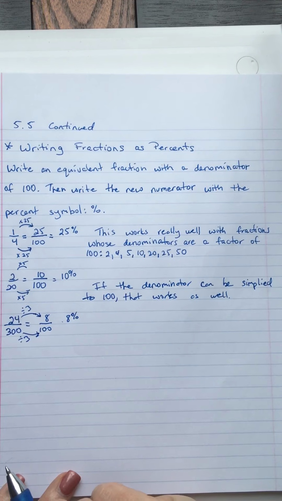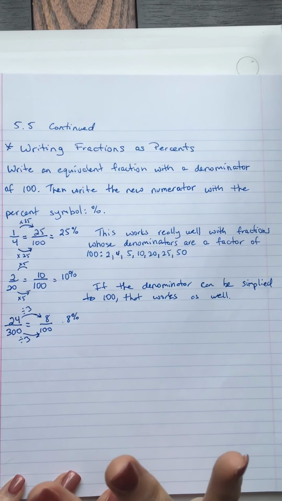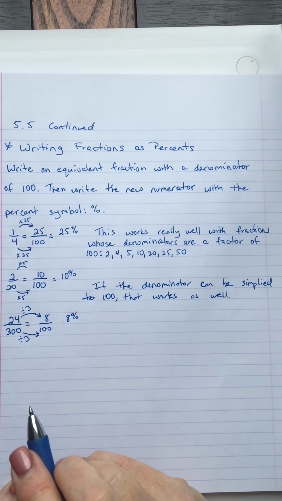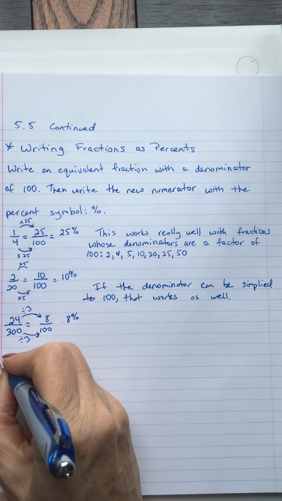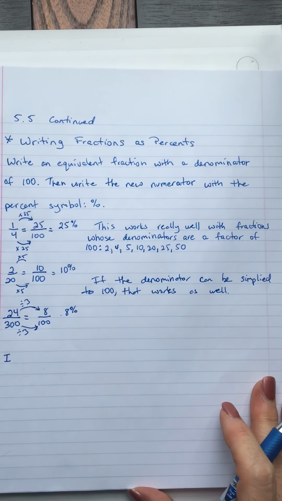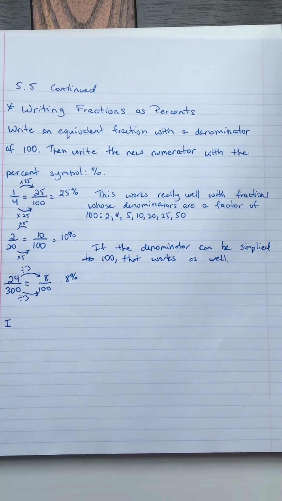Now, you may be asking, well, what if the denominator does not go easily into 100? And that's what we'll do next. I'm going to move this up a little bit. Okay.